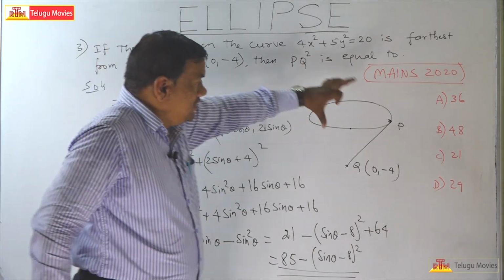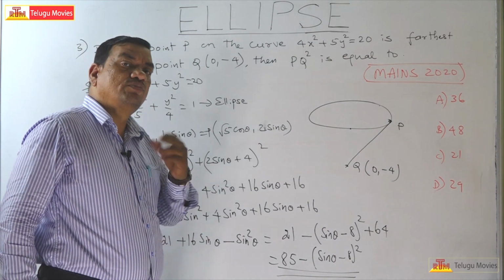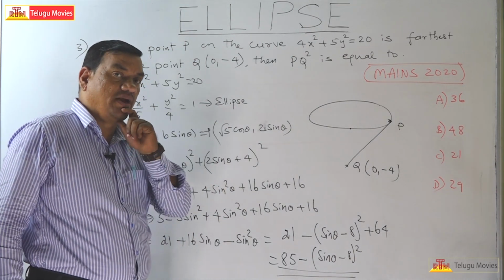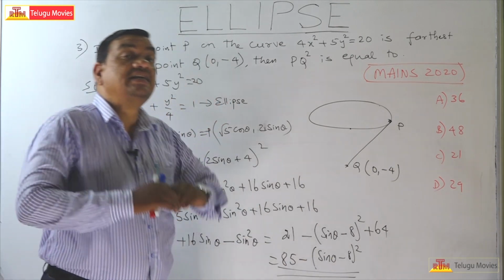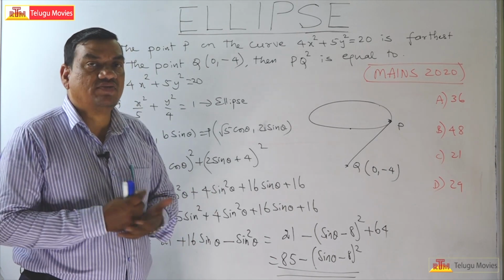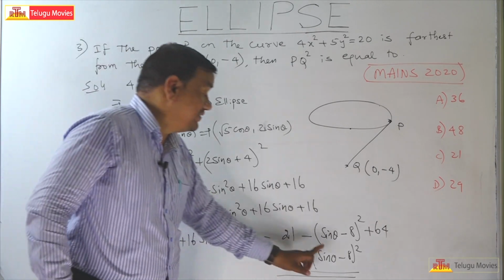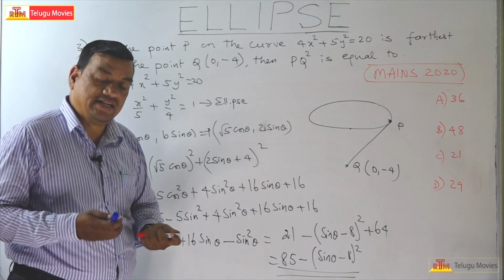Now this PQ should be maximum. When PQ is maximum, PQ square also becomes maximum. This will happen when sin theta is maximum. What is the maximum value of sin theta? 1. So if sin theta is 1, then PQ square will be at its maximum value.